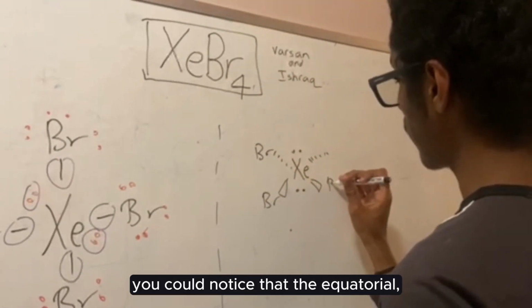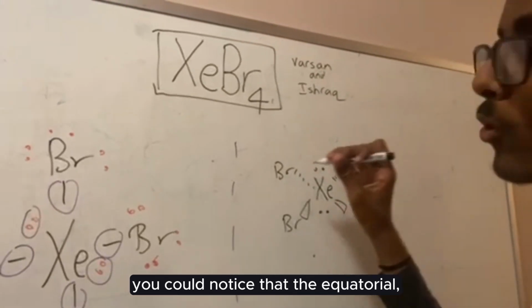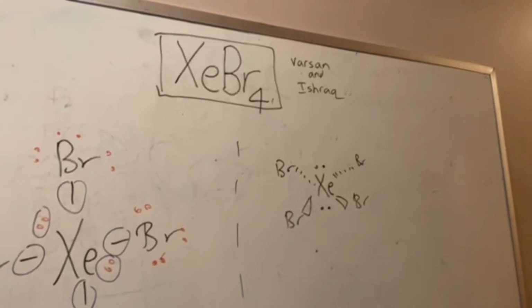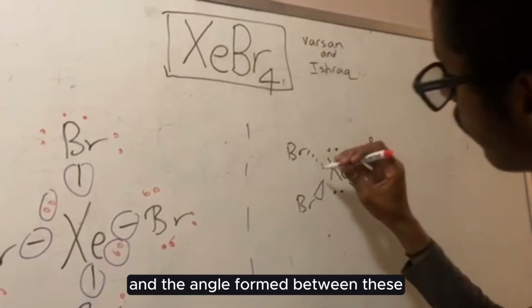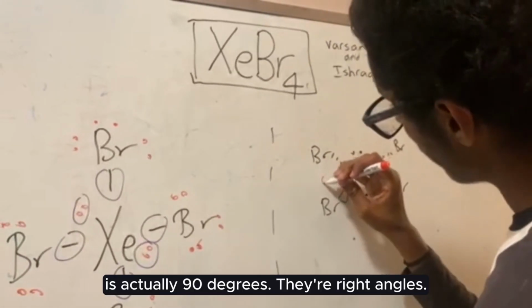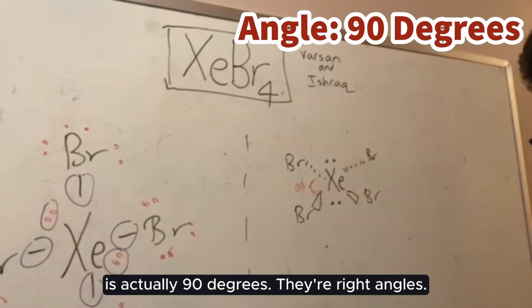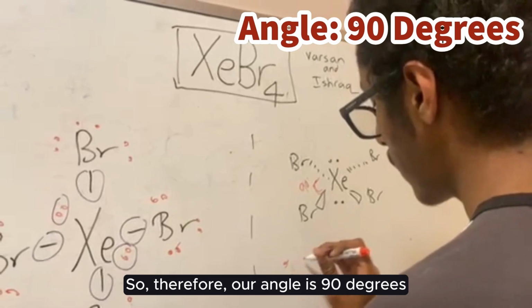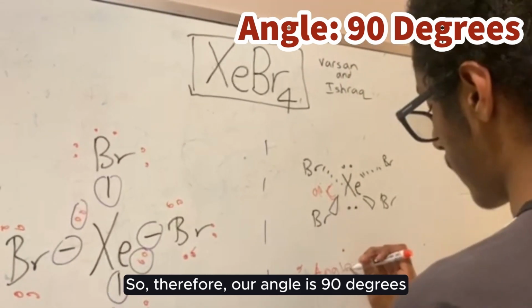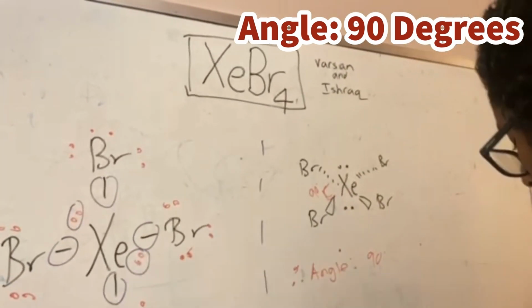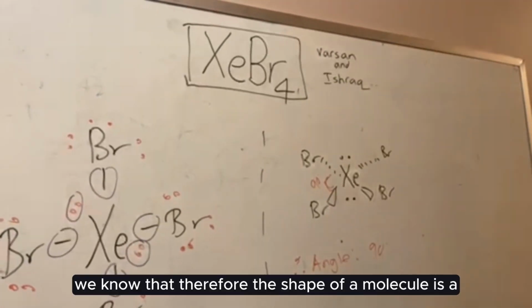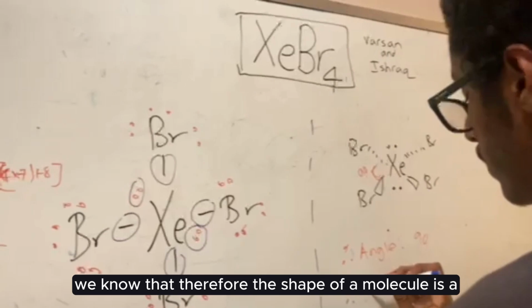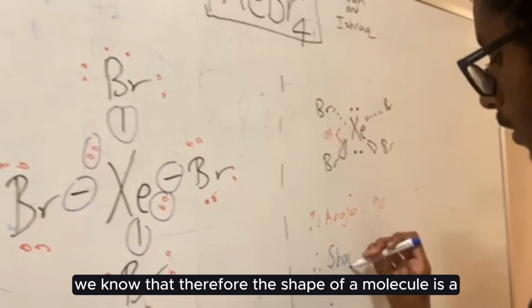In fact, you could notice that the 4 equatorial bromines make a square, and the angle formed between them is actually 90 degrees, the right angles.